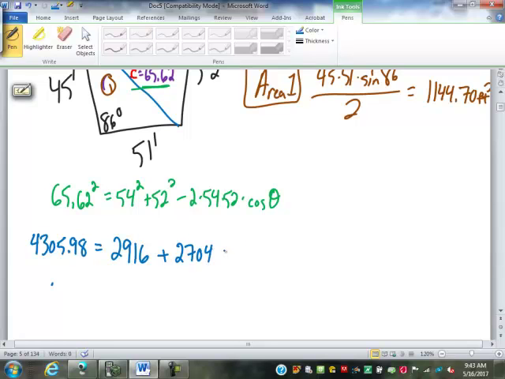That's still plus. And then minus 2 times 54 times 52 is 5616 times the cosine of theta. Which ones of these can I subtract? The first two, right? I can subtract those two.